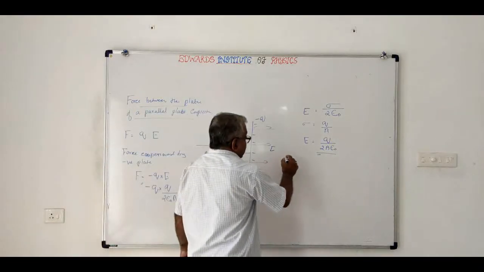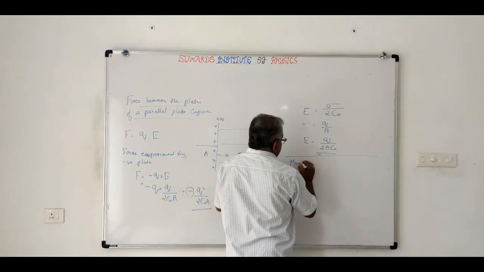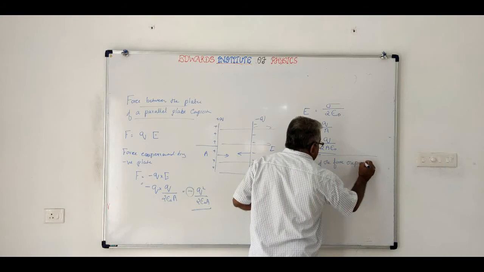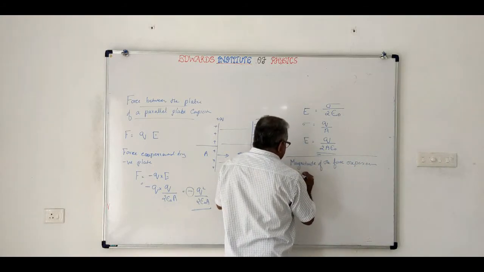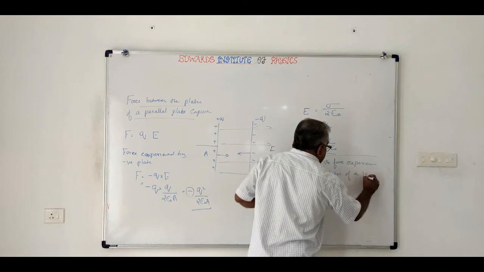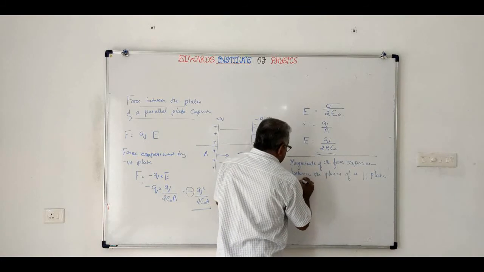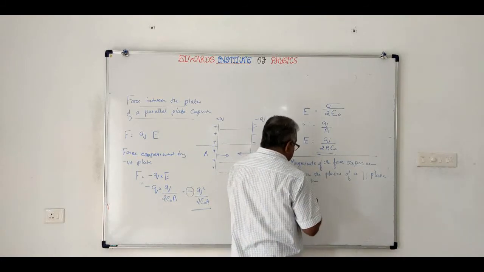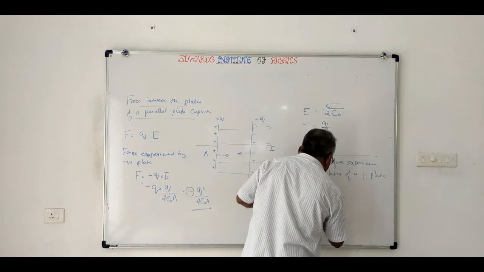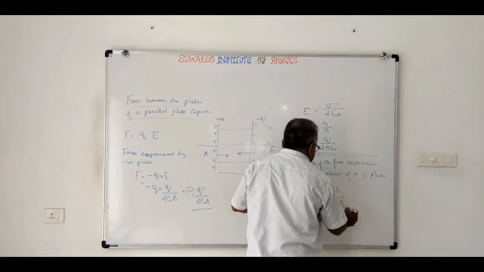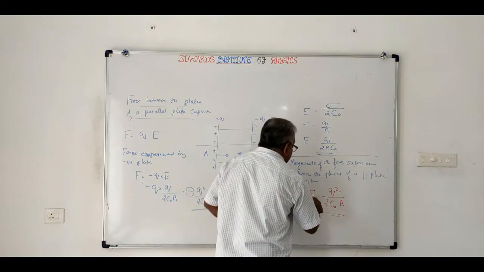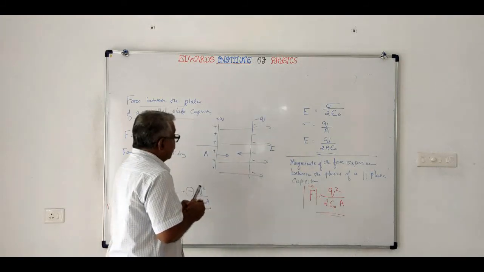So the magnitude of the force experienced between the plates of a parallel plate capacitor is F equal to Q square by 2 epsilon 0 A. This is the magnitude of the force experienced by the two parallel plates.